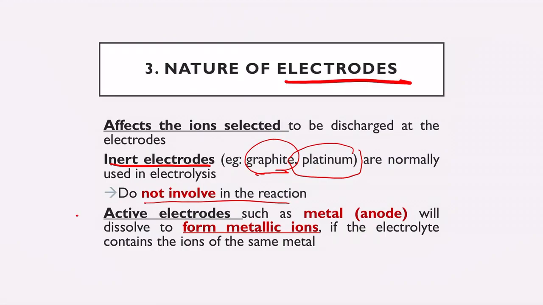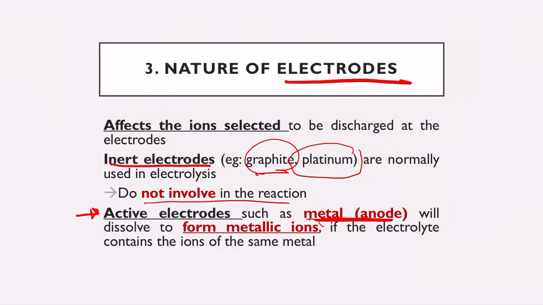But if you have active electrodes like metals, okay, they will become your anode. So selalunya kita akan guna active electrode ni for electroplating your cathode lah. Okay. So this metal at your anode kan you will undergo oxidation, right? So you will lose electron kan.